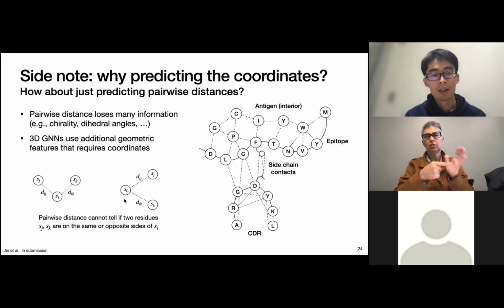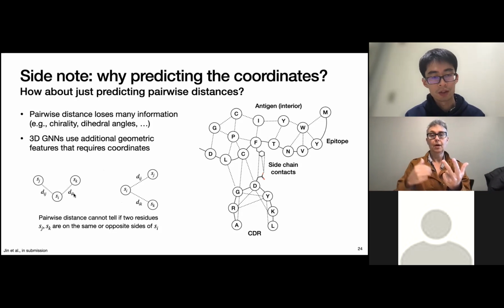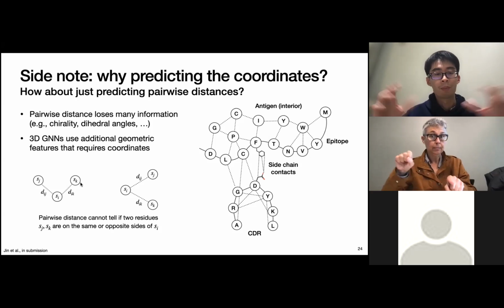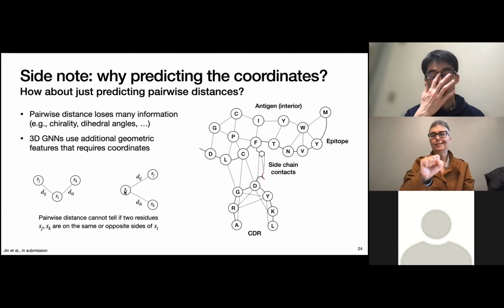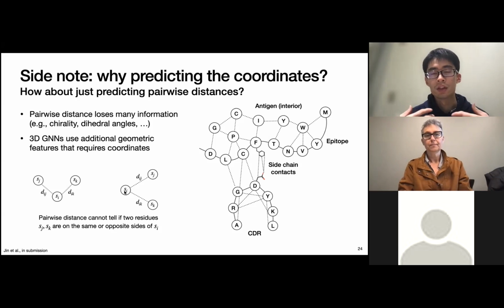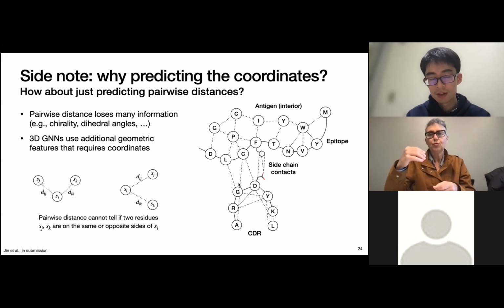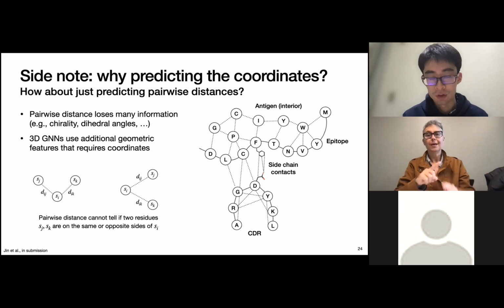By chirality, I mean, for example, if we have three points and you have two distances, just knowing these two distances does not tell you whether these two residues are on the same side or on the opposite side of the residue, and that is crucial for many protein design, folding or docking applications. So that's why we want to operate on the coordinates, which capture all the information that we need, but we do need to address this equivariance challenge.